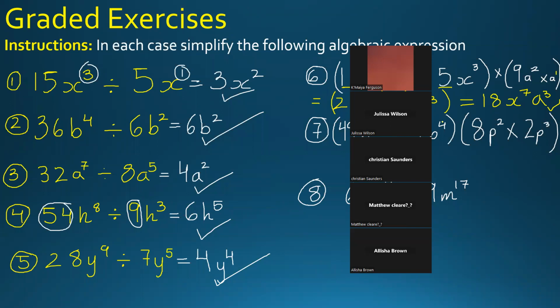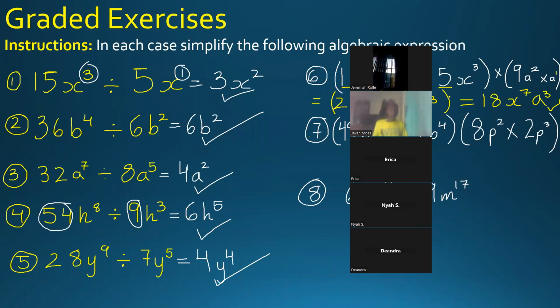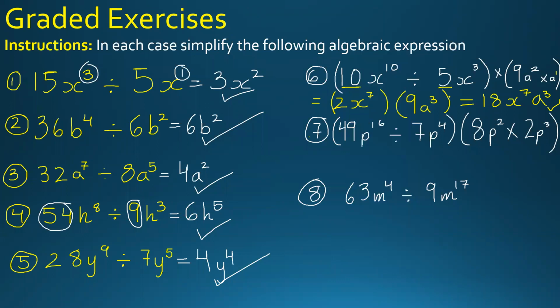And then after that, we multiply 9 times 2, it gives us 18. And then we get 18x to the 7th, a to the 3rd. Make sense? No, explain the last part again. How you get 18? I just multiply 9 times 2.